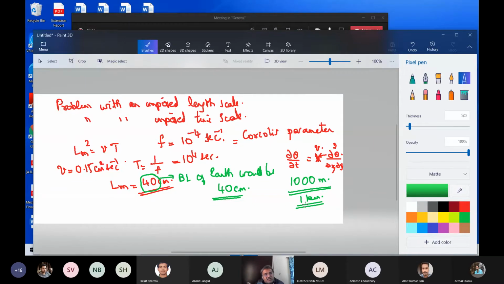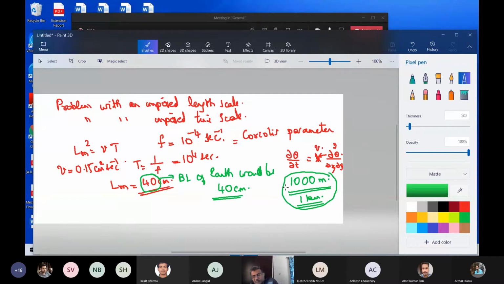There is turbulence in space, but mainly it's laminar. So this region from the Earth's surface to a height of about 1 kilometer, which is the boundary layer of Earth, is basically turbulent because it has to be. If it were laminar, the boundary layer would be about 40 centimeters high, which is not true.